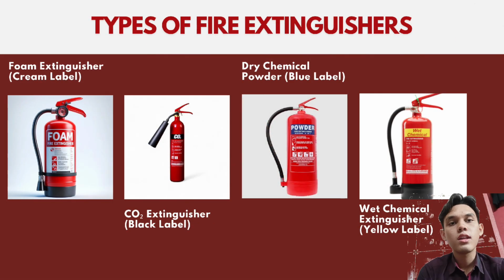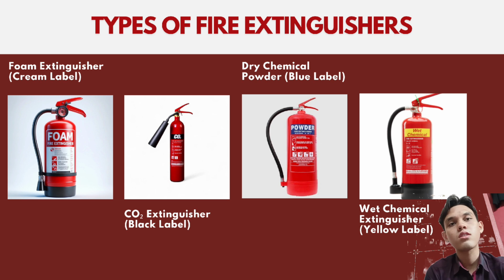Alright, now let's talk about the different types of fire extinguishers or APAR. Not all extinguishers are the same, and each type is made for a specific kind of fire. Using the wrong extinguisher can actually make the fire worse or even cause an explosion. So it's really important to know the difference.